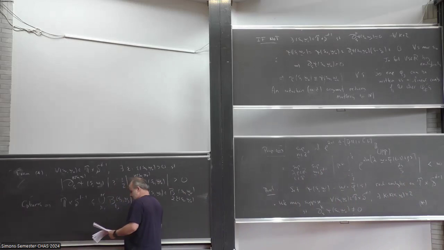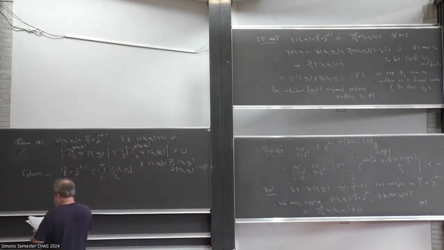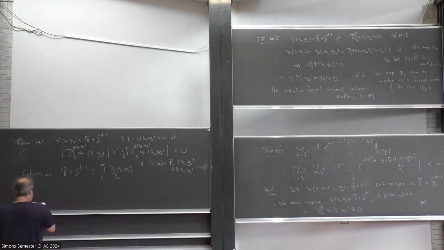Now, what do we reduce to? For each ball, I'm going to call these K j, which is K of f j, omega j.